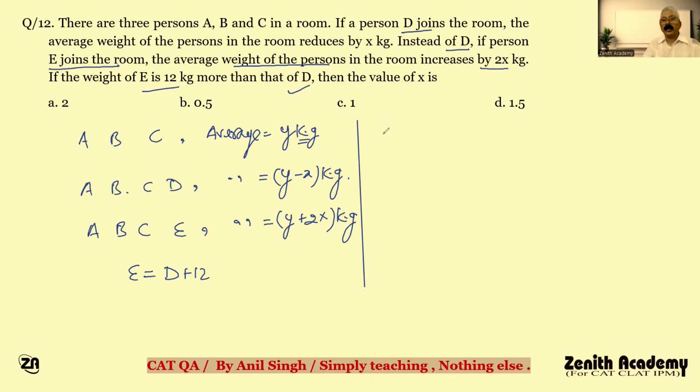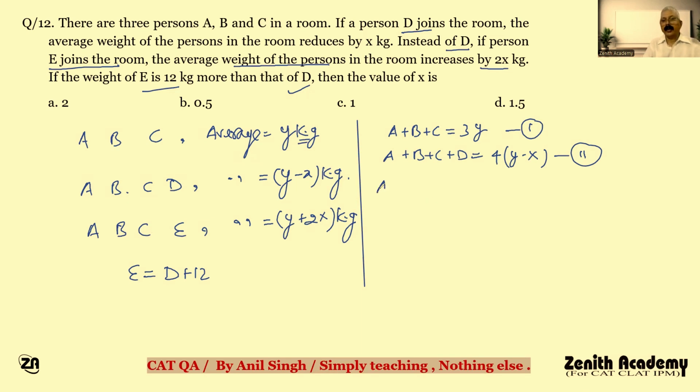Average is equal to the sum upon the number of data. So A plus B plus C will be 3 into Y. And A plus B plus C plus D will be 4 into (Y minus X).